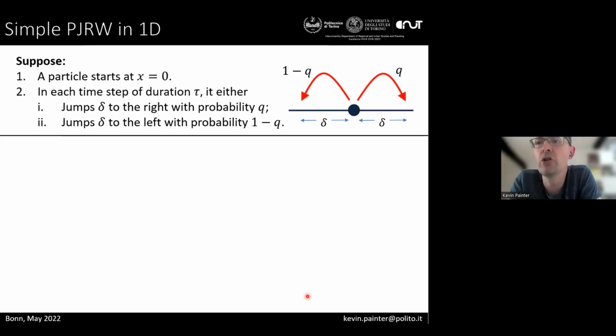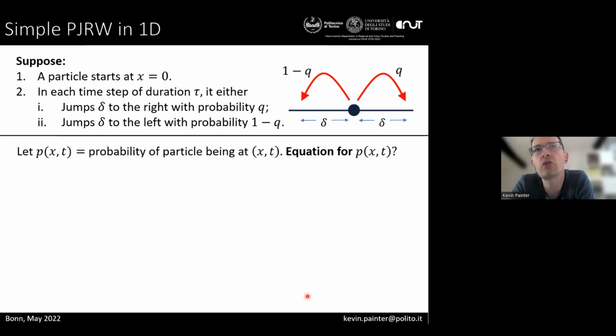What else can we do with this? Well, we can also try and get an equation for the probability of a particle being at position x after time t. So now we're going to define P(x,t) to be that probability of a particle being at x at time t, and I get an equation for this.